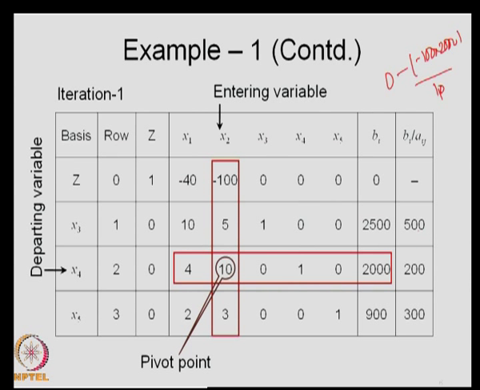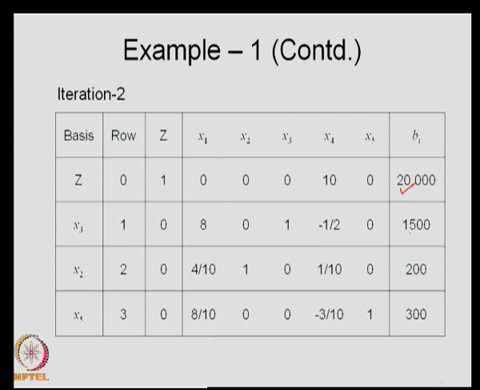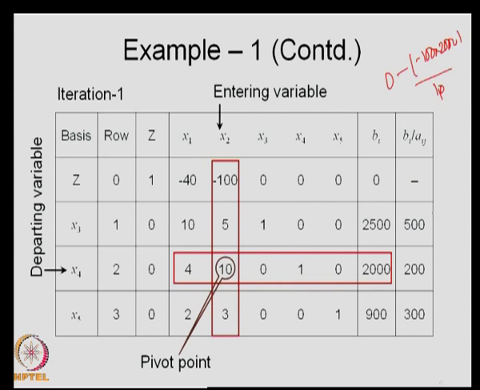Similarly, you look at this value 2500, which is the old value, minus 5 into 2000 divided by 10, that is how you get 1500. That is 2500 minus this value 5 into this value 2000 here divided by the pivot.